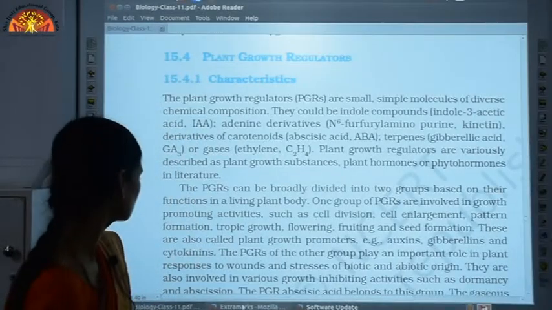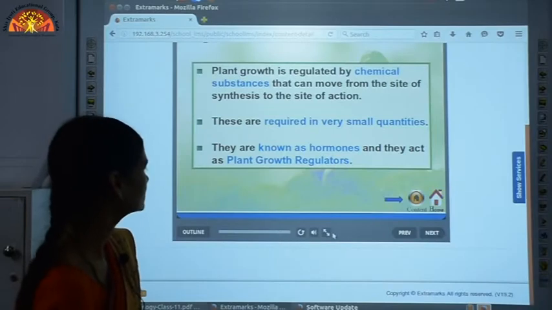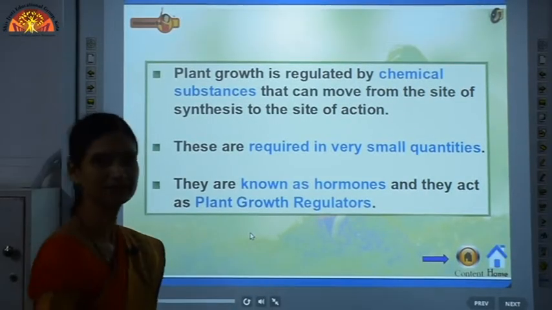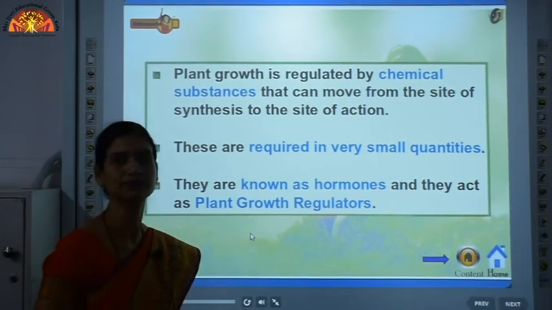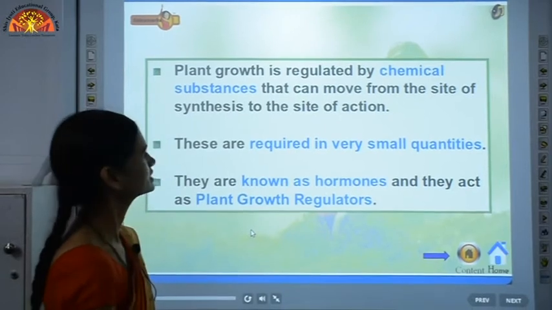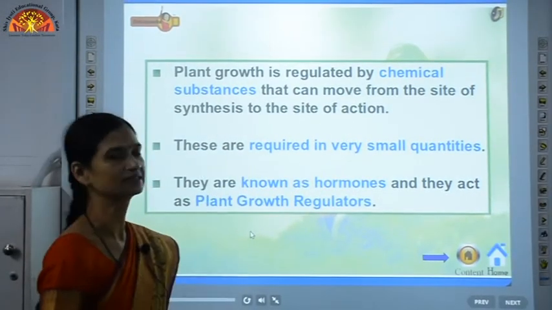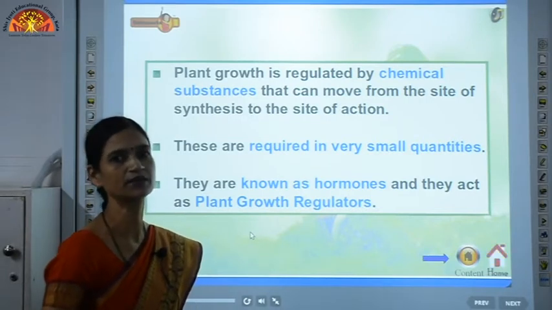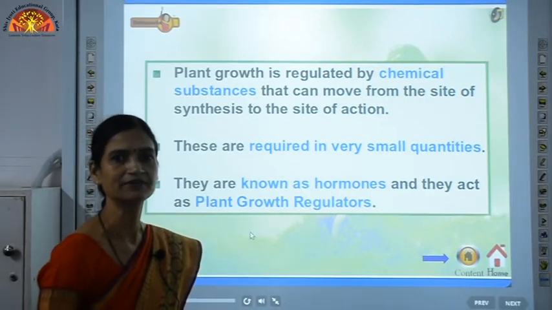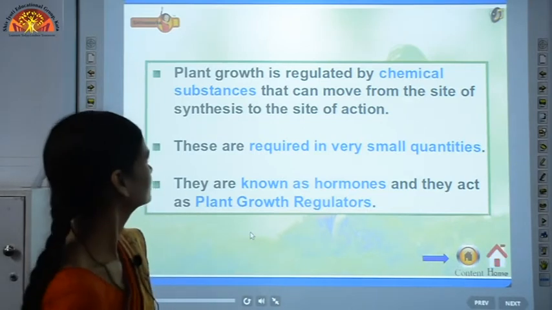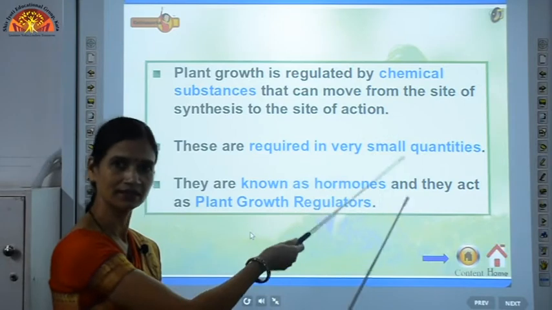When we talk about plant growth regulators, we see that they are regulated by some chemical substances. That means the growth in plants is regulated by some chemical substances which can move from the site of synthesis to the site of action. जैसे कि हमारी body में hormones are produced by glands and when these glands secrete the hormones, they are used on the other target site.